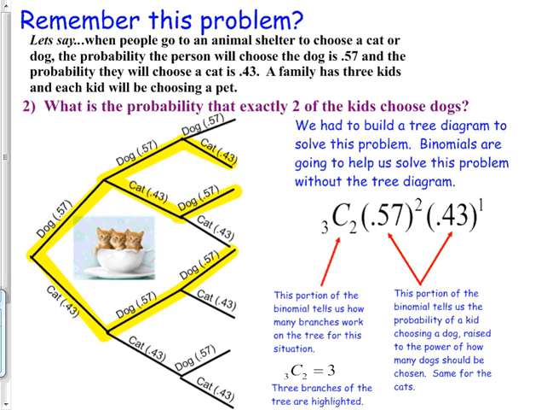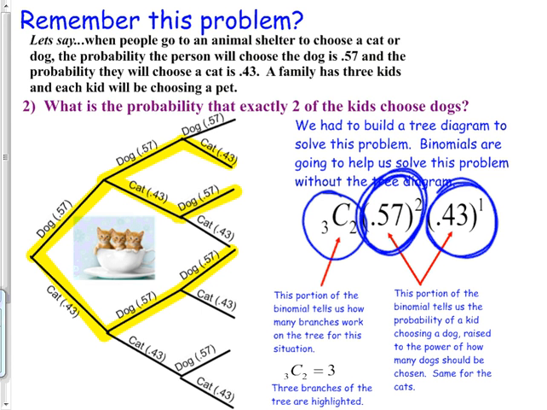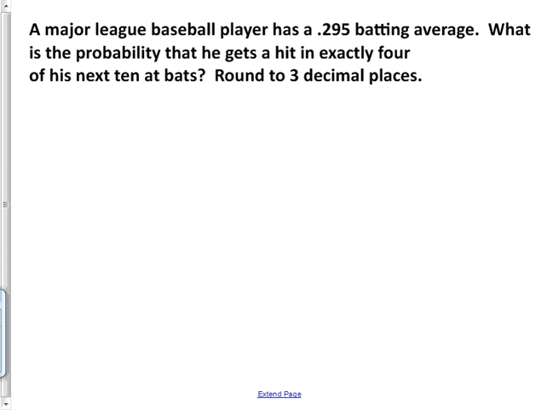So there's 3 ways you could do that. This part of the formula works out how many different ways that thing could happen. And this part is really simple. It's 2 dogs, 1 cat. The probability is all just multiplied. And it's just like, how many different ways could that happen? All right, good enough on that.